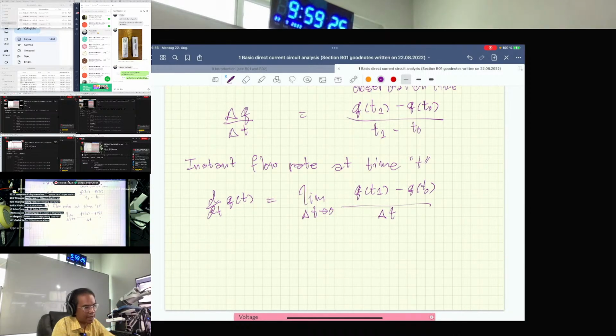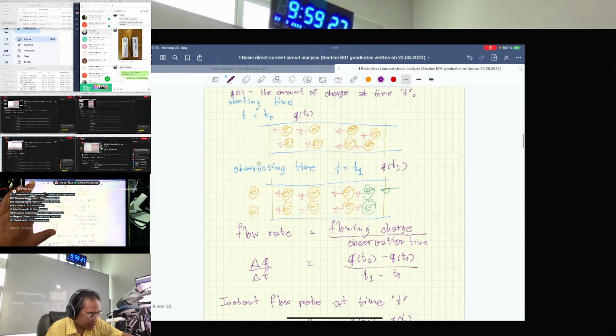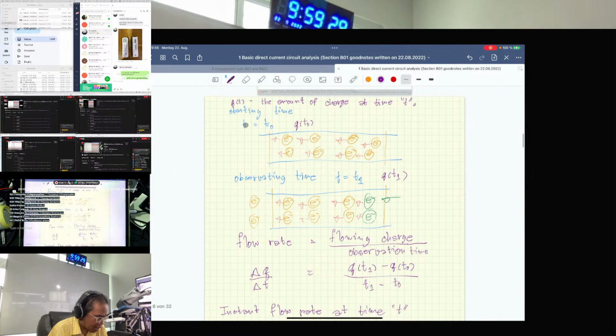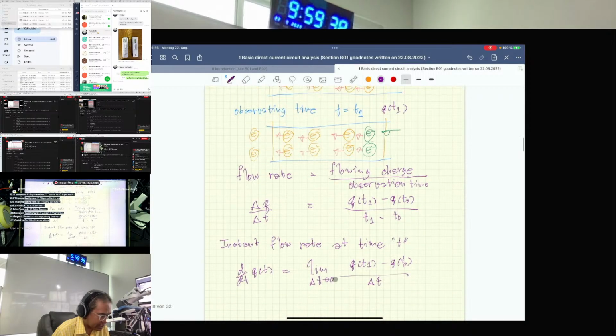Okay, when the time between those two points, starting time and observing time, are very close to each other, nearly 0, we are going to have the instant flow rate at time t.